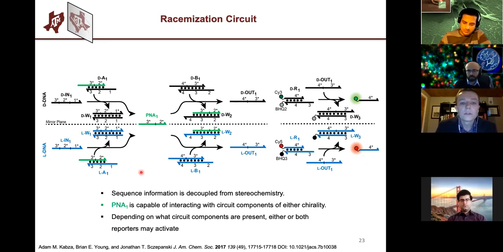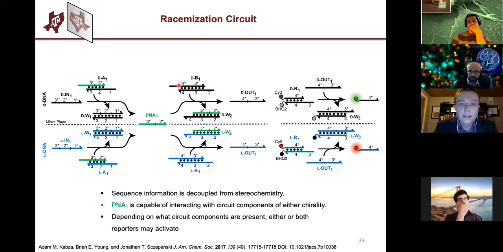The reason that this was important to us is because you could basically mix and match all different D and L components and generate lots of different pathways. So for example, we can have this DA and DN duplex, LB duplex, and L reporter present and D reporter present.